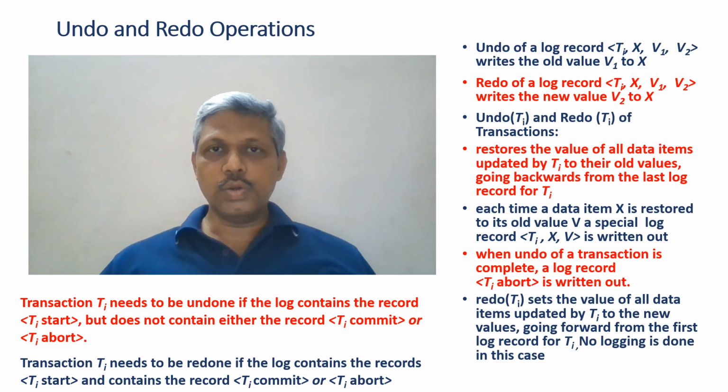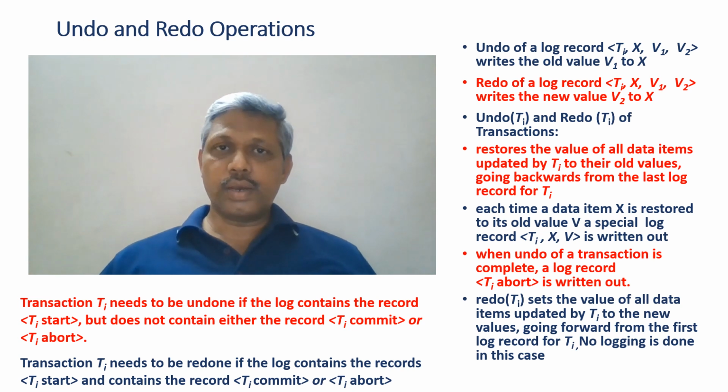If I want to undo that, V2 is the new value in the database, but I need to undo it. That means I have to restore the value of the database object X to the old value V1. That's what I need to do in case of undo.